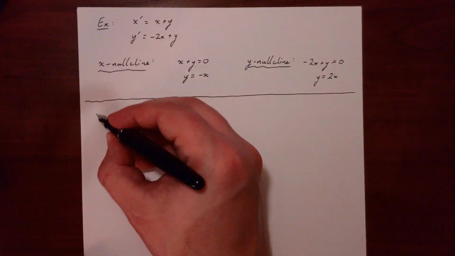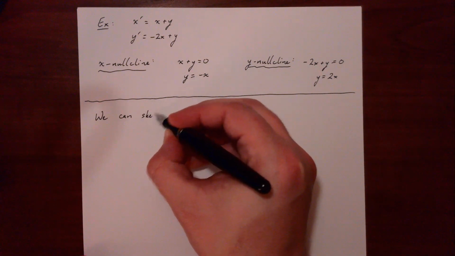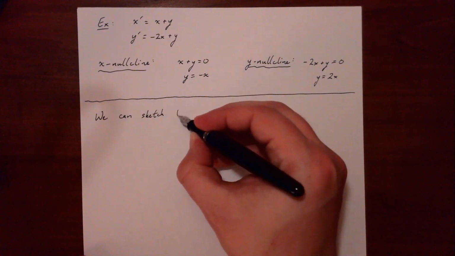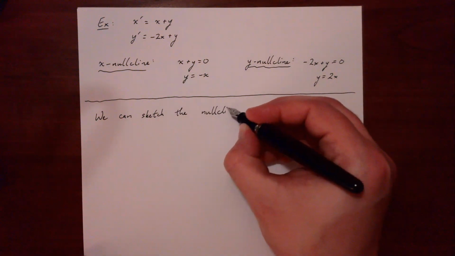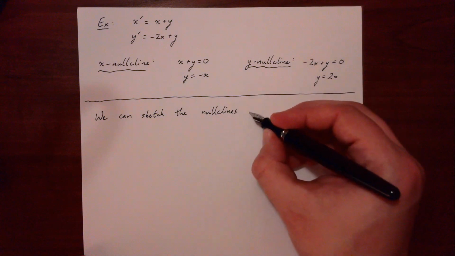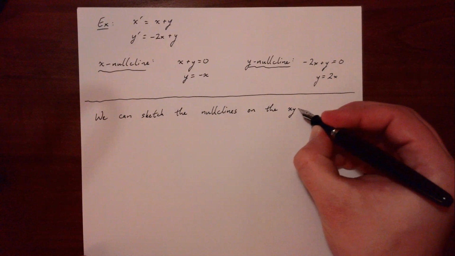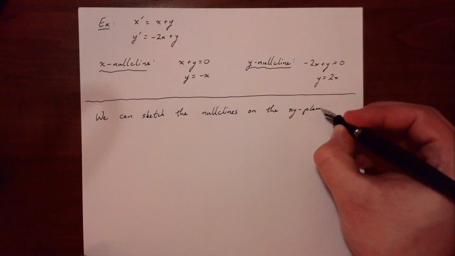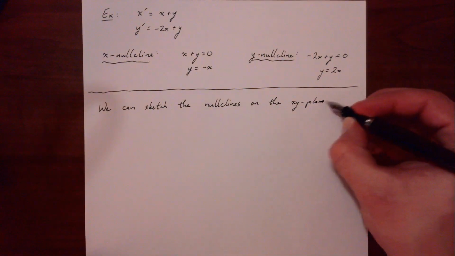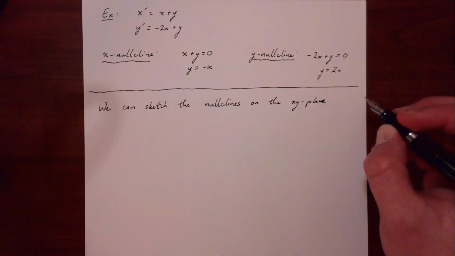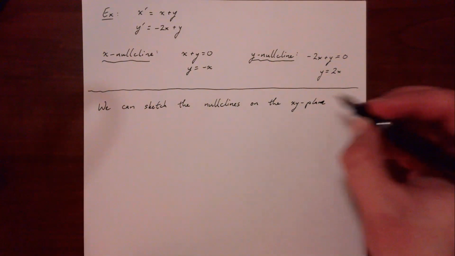So we can sketch the nullclines on the xy plane, and then what that's going to help us do is it's going to help us to figure out the orientation of the curves that we would draw.